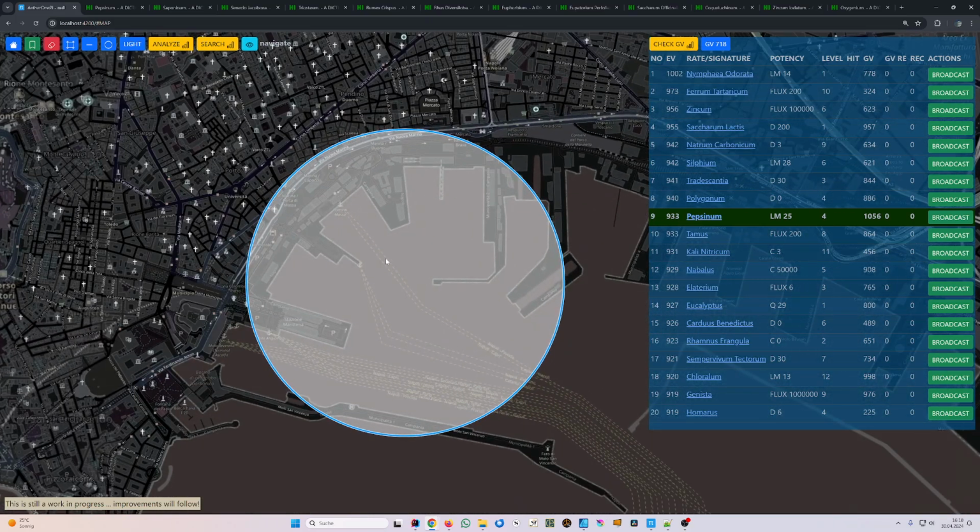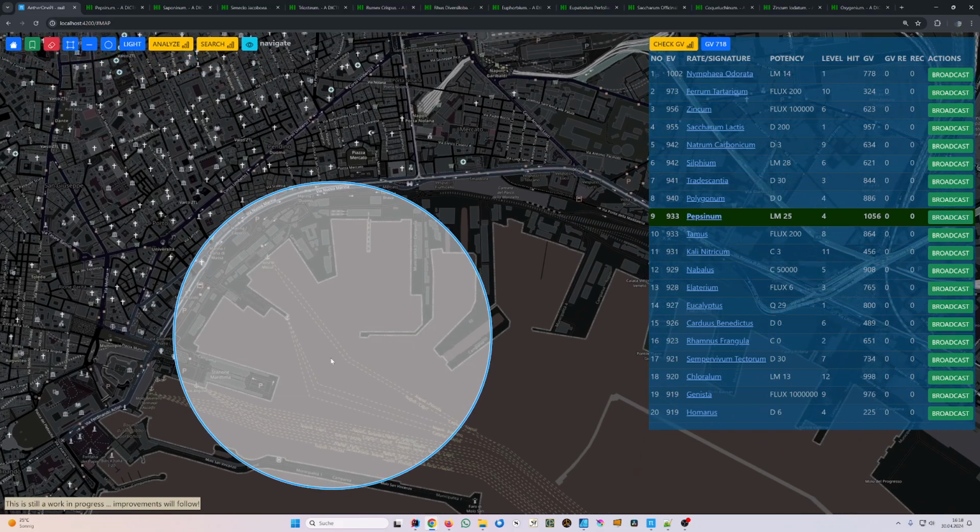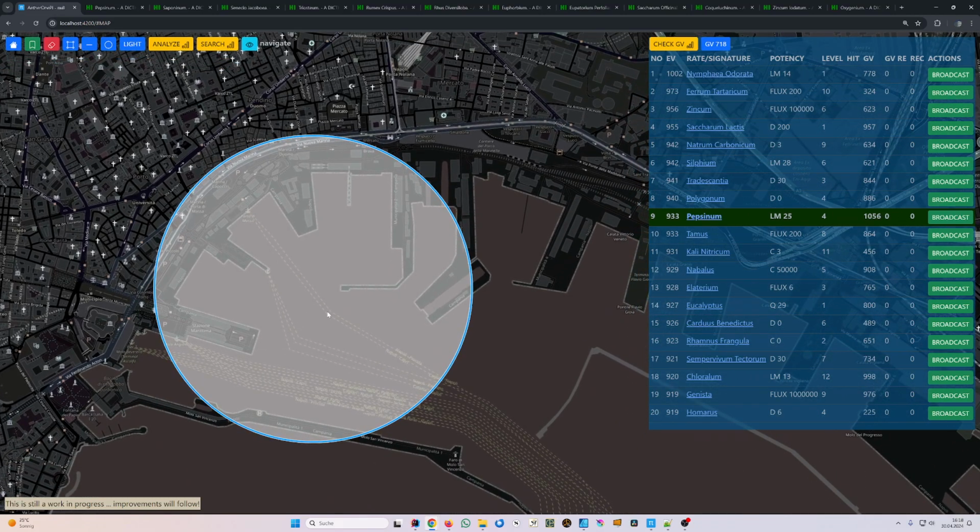People here are used to eating a lot. They are overweight. They eat a lot of pizza and fast food and pasta and too much meat. And so Pepsinum is a typical indication for bad digestion.